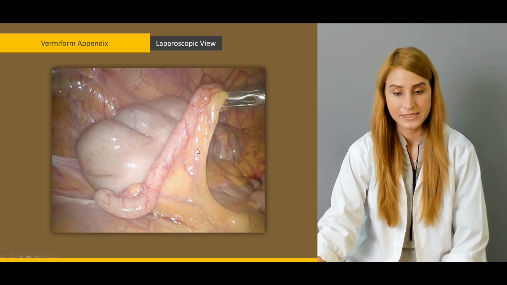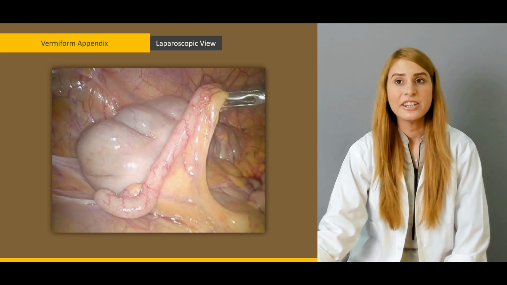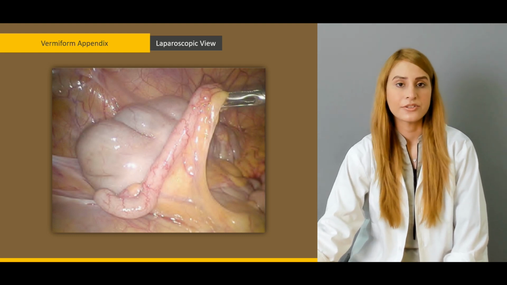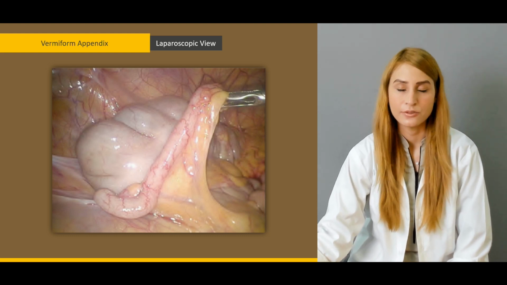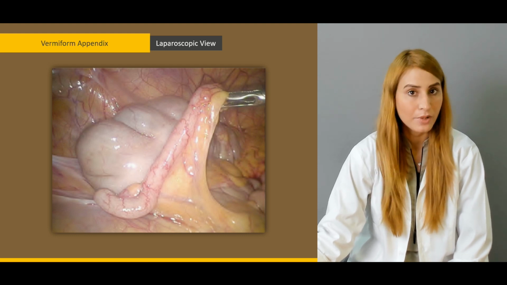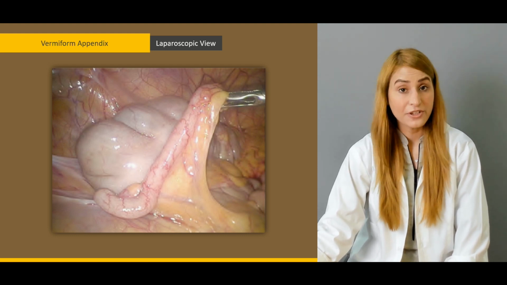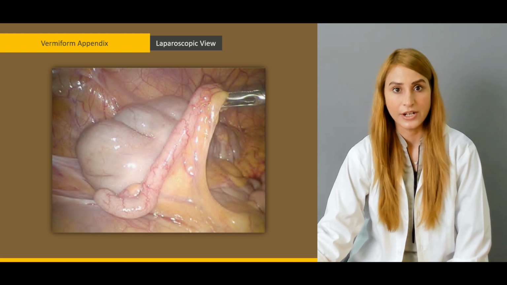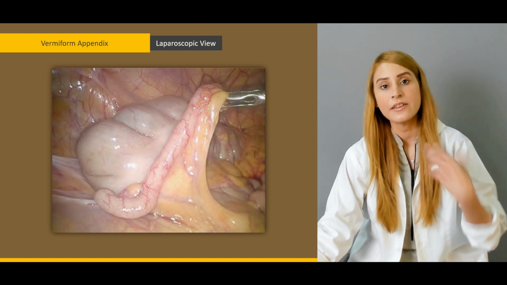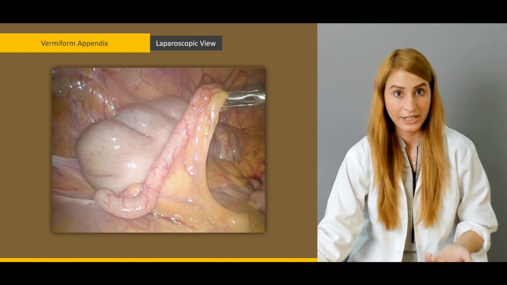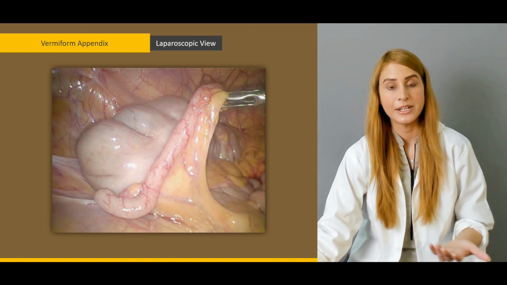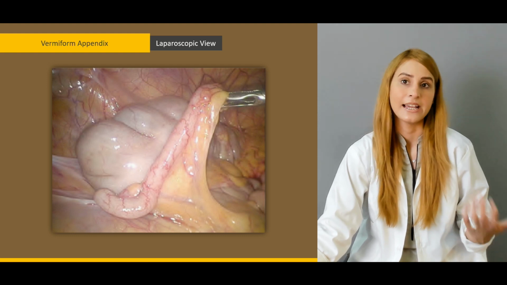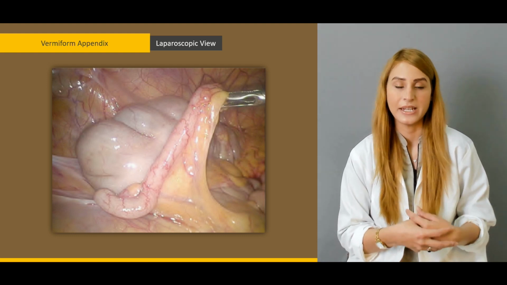But sometimes there is only one appendicular artery supplying the appendix, and I already told you that the appendicular artery is a branch of the posterior cecal artery, which is a branch of the iliac artery. But sometimes there is another artery called an accessory appendicular artery, and usually it lies close to the base of the appendix, right?